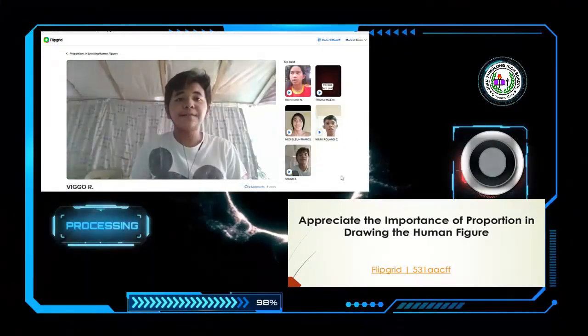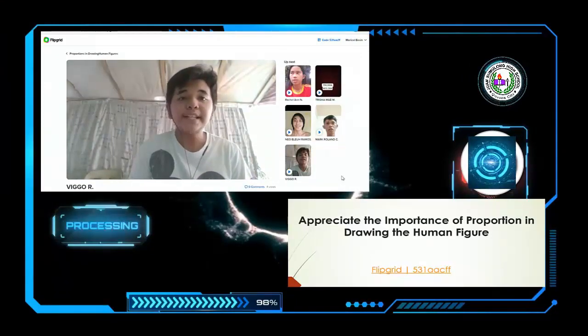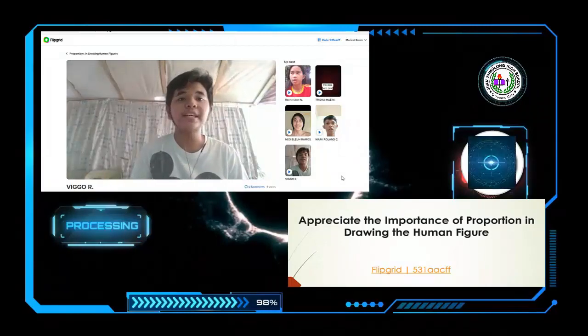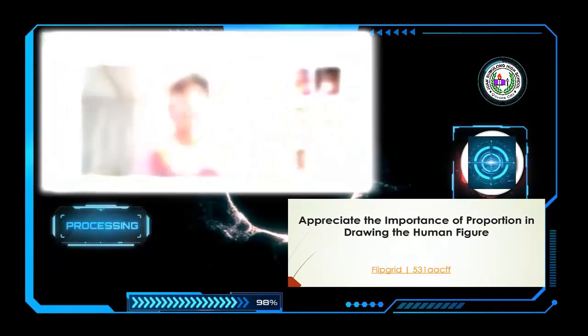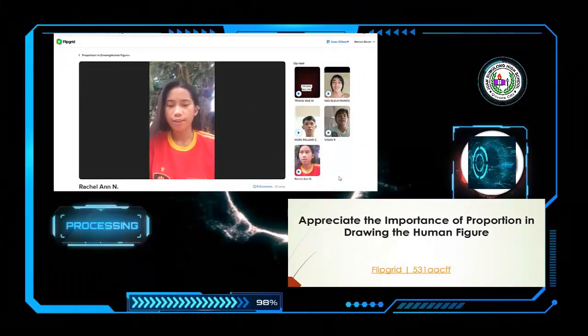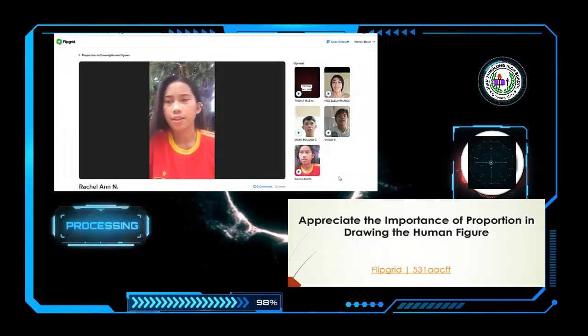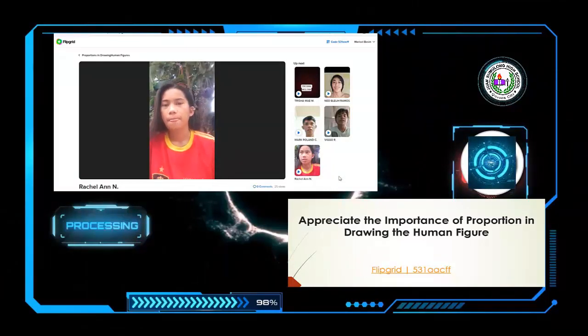The significance of learning proportion in drawing is very important, especially in drawing human figures, because it will determine how realistic you want your drawing to be. Proportion is very important in drawing human figures because it describes how shapes and lines are related to each other.